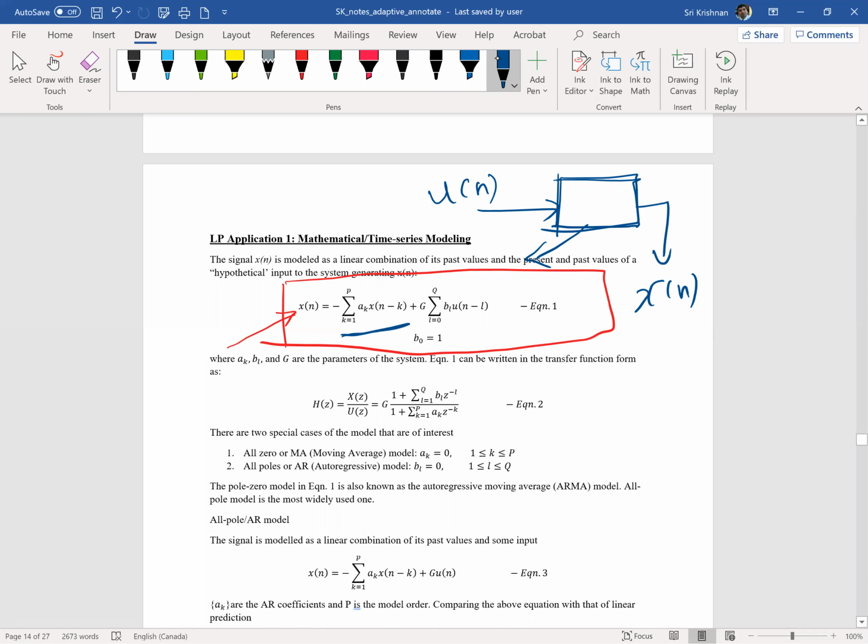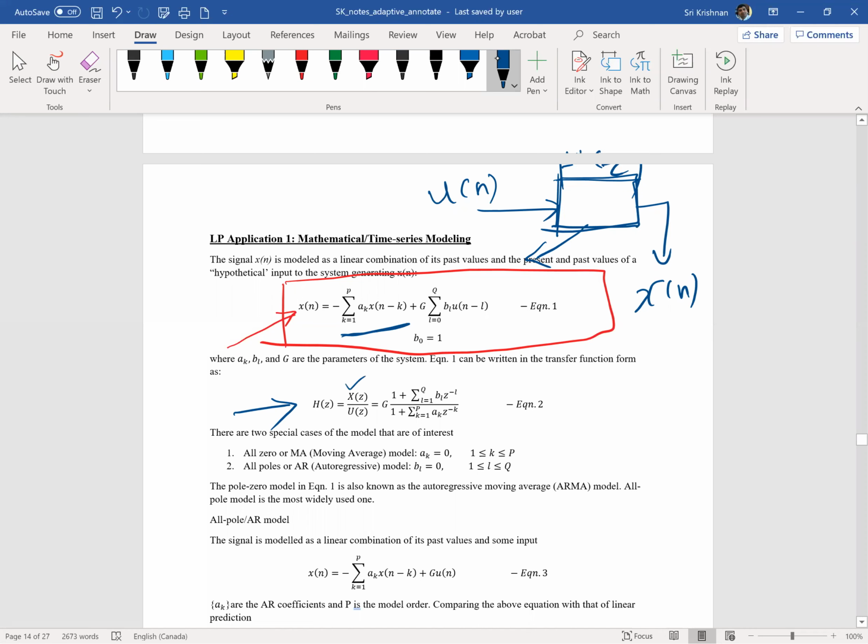Now, from our previous knowledge, whenever you have an input and output, I can always write the transfer function of this system as H(z).